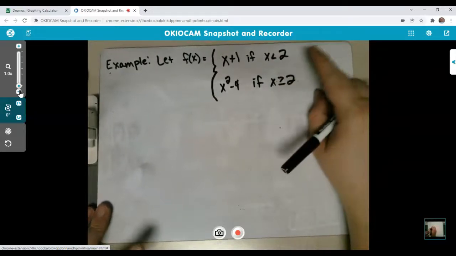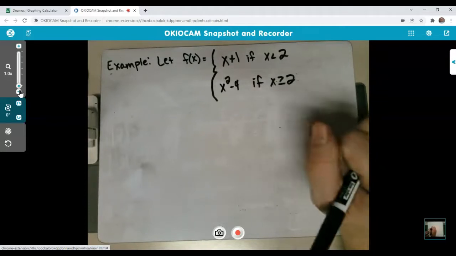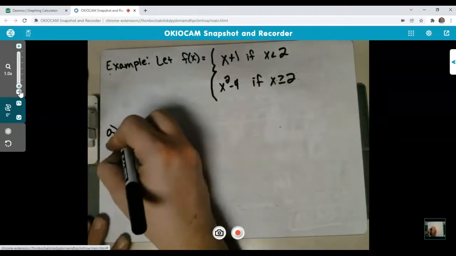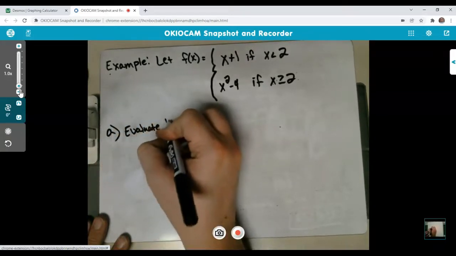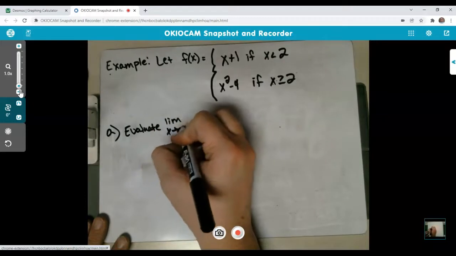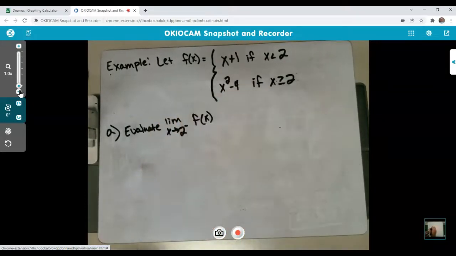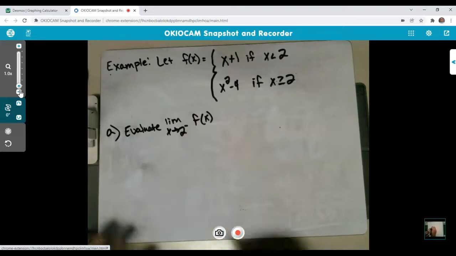So which one of these I'm going to do depends on where x is. Okay, there's two parts. The first thing I want to do is to evaluate the limit as x approaches 2 from the left. From the left side. So I'm only going to look at the left side of this, okay? Because I'm saying approaching 2 from the left side.